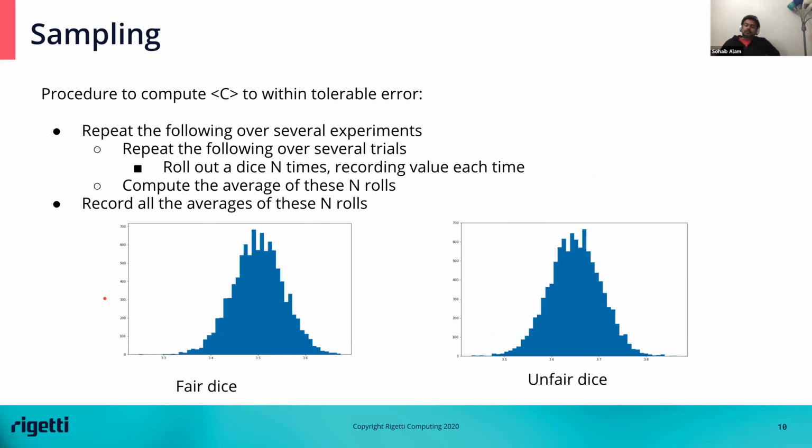So that's basically the point, right? In other words, if I want to have a reliable estimate, of course, I know, because I already was able to compute it, that the ideal value is 3.5, right?